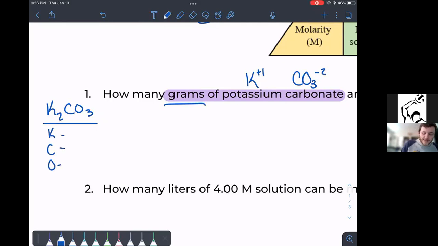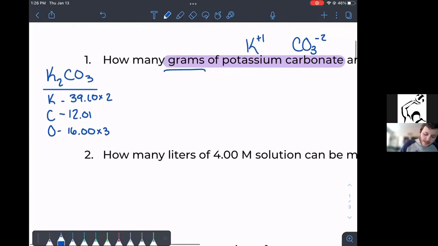Potassium is 39.10, carbon is 12.01, and oxygen is 16. Because we have 2 potassiums, we multiply this number by 2. We have 3 oxygens, so we multiply this number by 3.